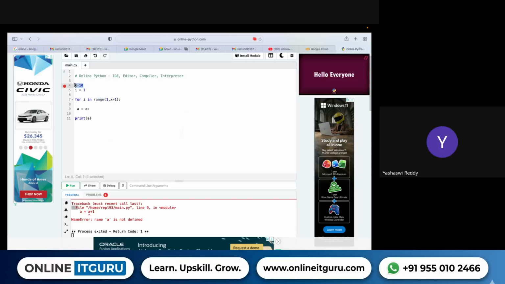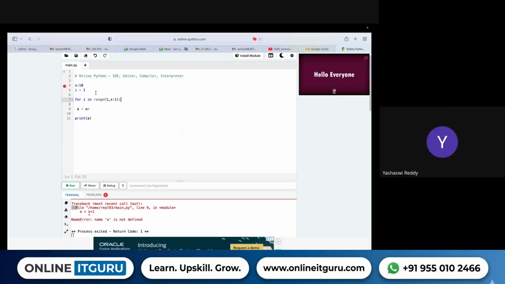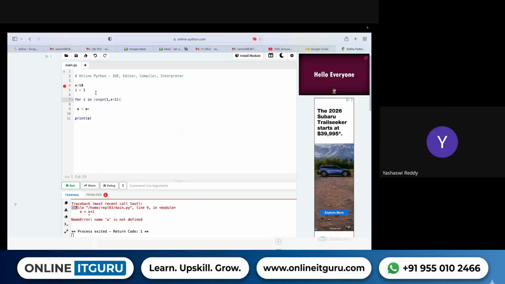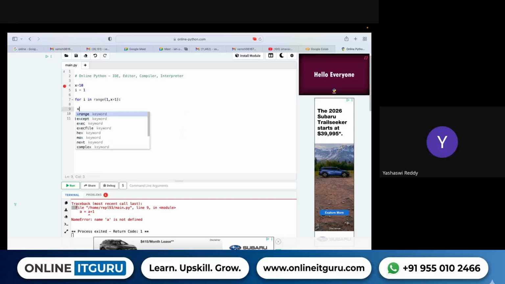Now what would the condition be? Did we take the I range earlier? 1 to 10, since x is 10, 10 plus 1 is 11 for us. x plus 1 is 11. So it will print the numbers between 1 and 11. So what condition should you write? x is equal to x plus I. Okay.